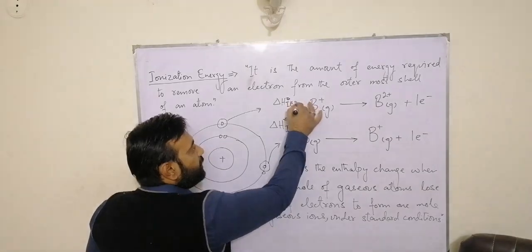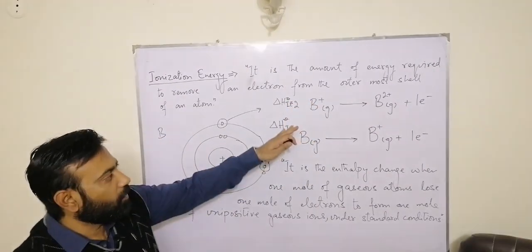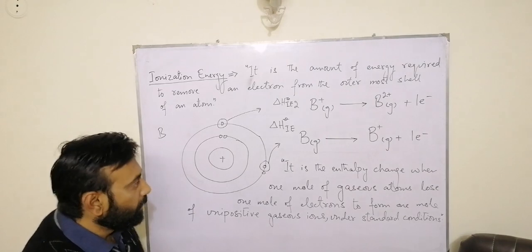This is the equation for the second ionization energy of boron.